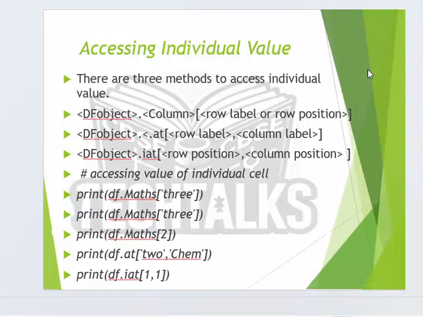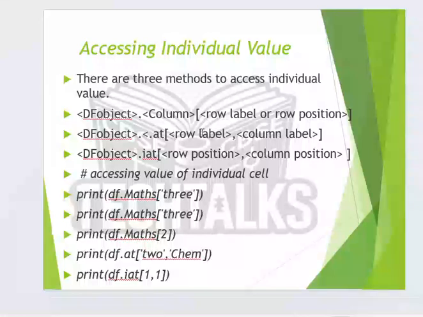Accessing individual values. There are 3 methods of accessing individual values, so you can even access one value at a time. So df object dot column, row level or the row position, you may go with the label or you may go with the position. You can have at, using at also, row level, column label.